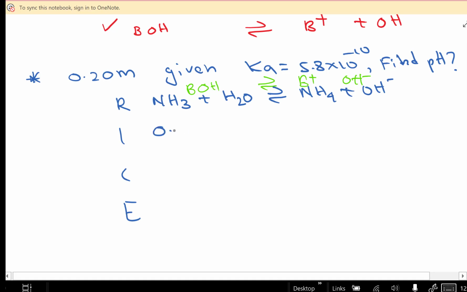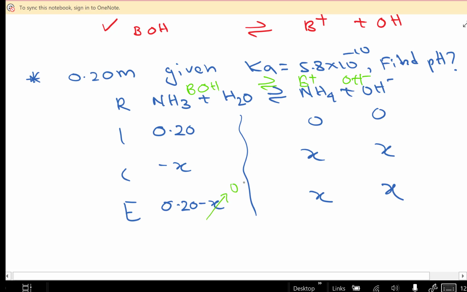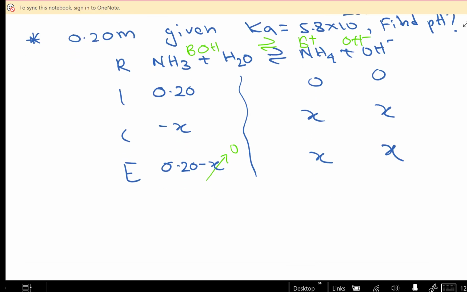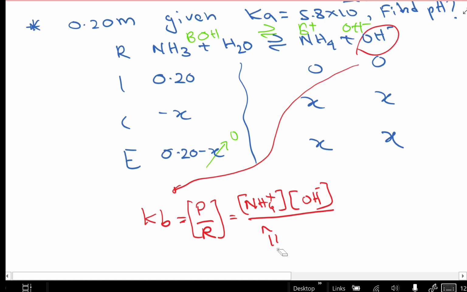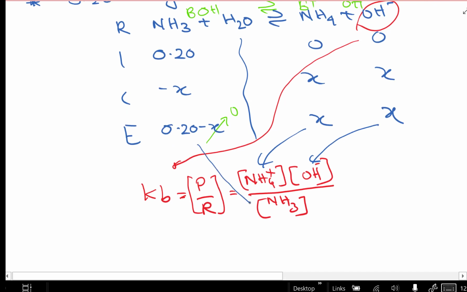And yeah, 0.2, water liquid has no molarity, minus x, x, x, 0.2 minus x, and the assumption is 0 for this x only, and then OH minus in the product gives you Kb, product over reactant. Plug in the products, ammonium and hydroxide divided by ammonia, the reactant, and now plug in the x values.